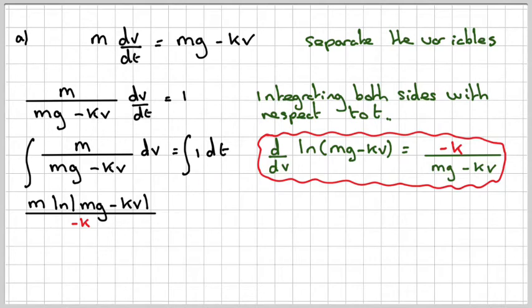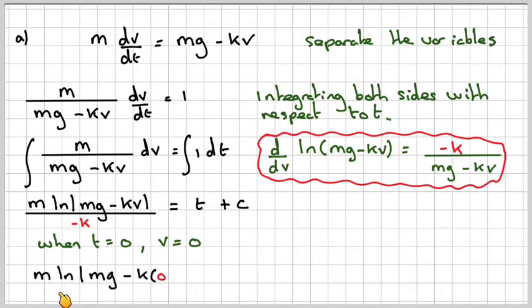When we integrate 1, we get t, and we have to add a constant. But we're told that when t is 0, it starts from rest, so v is equal to 0. So we get m ln(mg - k times 0) over minus k is equal to 0 plus c.